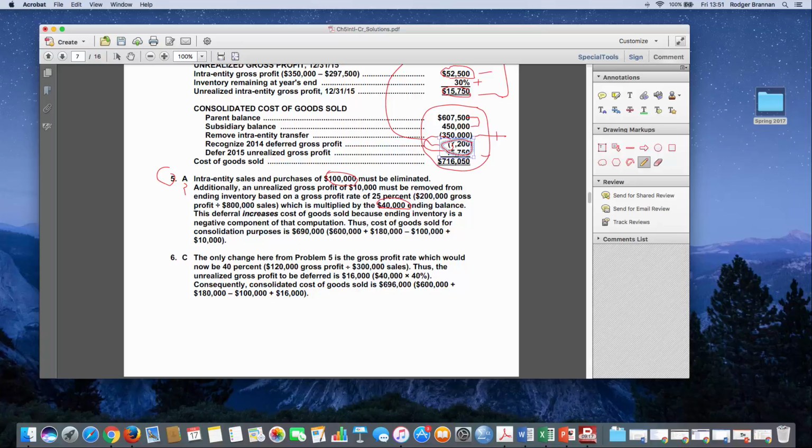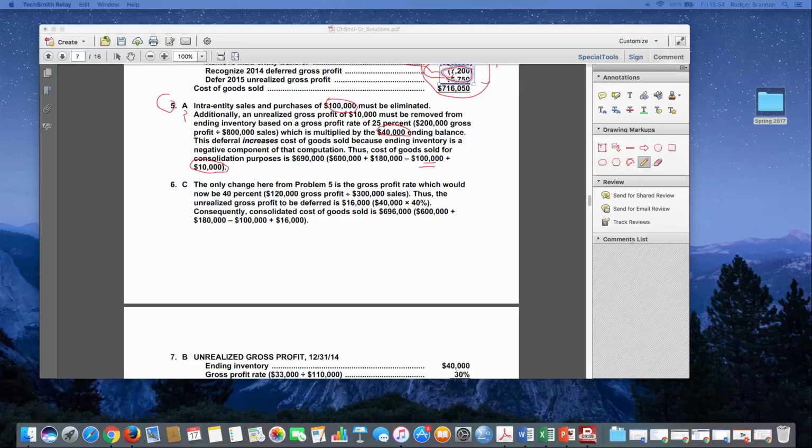The 600 plus 180 gives you 780, minus the adjustment for the intercompany sales takes you down to 680. But the adjustment for the intercompany profit, or gross profit, in ending inventory is an adjustment of 10,000, which is going to be added to my total cost of goods sold, bringing it back up to 690.